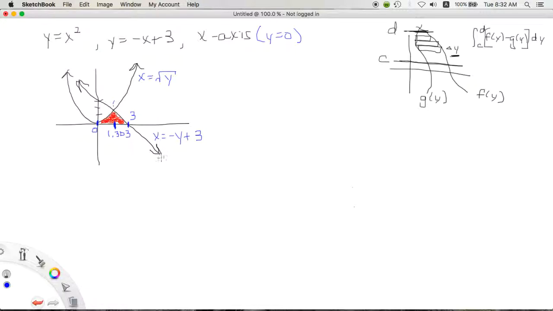So now what we have to look at is what are our bounds from this part here down to here. So this is our y interval. So here we looked at from 0 to 3 on the x because we did it in terms of x, but this time we're going to do it in terms of y so we can do it all in one integral.